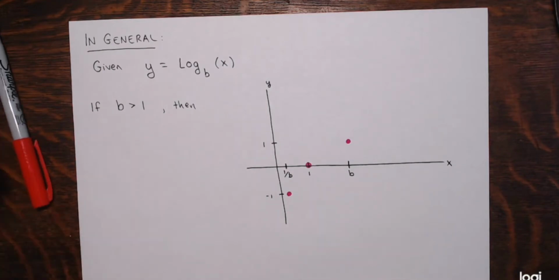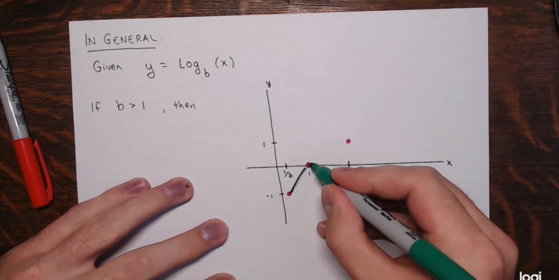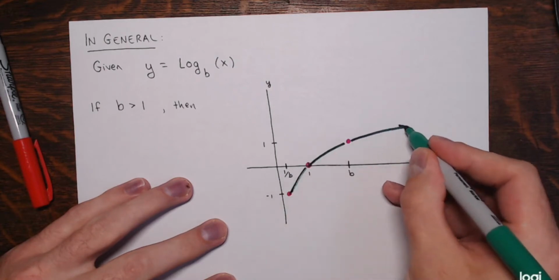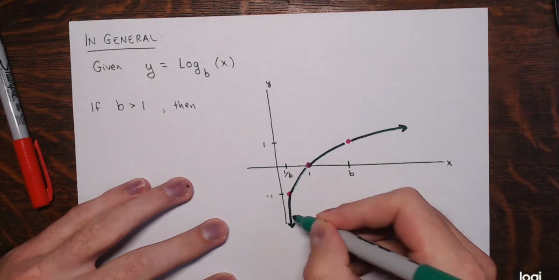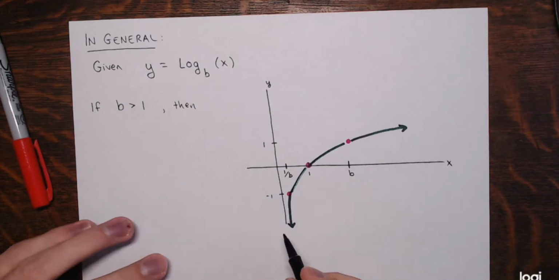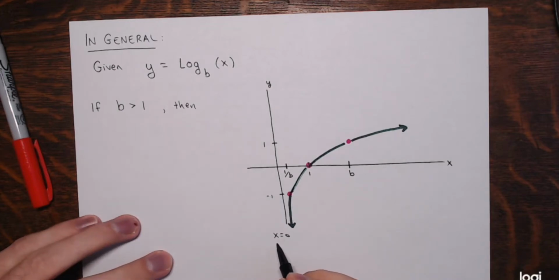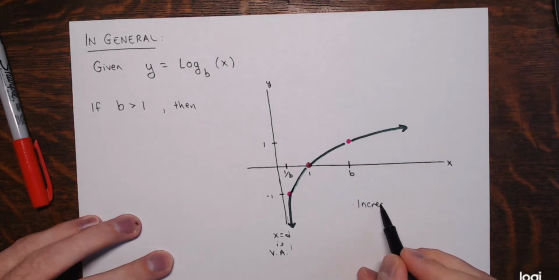But the graph will be one of these increasing logarithmic functions, just increasing very slowly, and has the y-axis as a vertical asymptote. X equals 0 is a vertical asymptote. The graph will never actually touch the y-axis, and it'll be an increasing function.